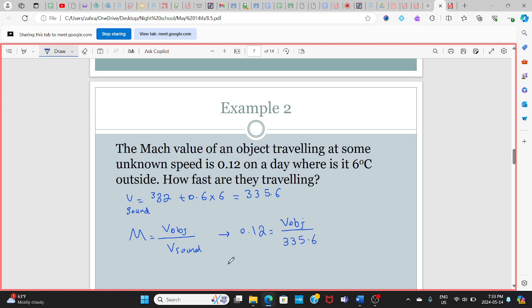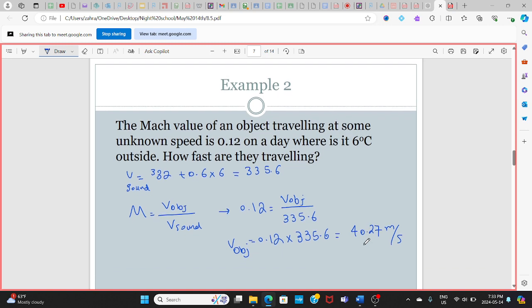Cross multiplication: the object's velocity is just 0.12 multiplied by 335.6, which is 40.27 meters per second. This is going to be the velocity of the object. Any questions?